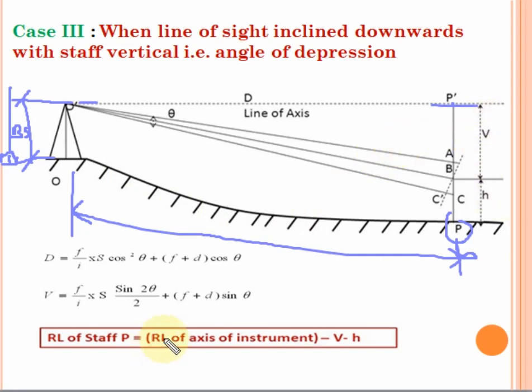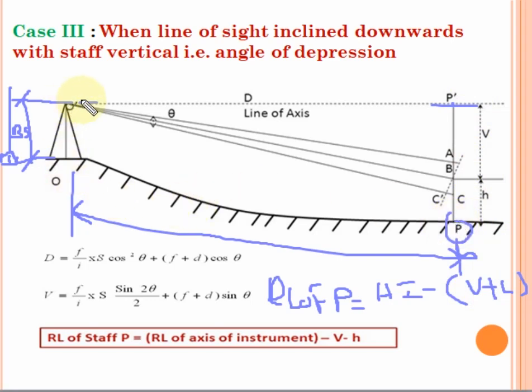Nothing but, if I write here, the RL of the point P is equal to the height of the instrument minus V minus H. If I take the minus sign common, that is V plus H. So this V plus H you have to reach this point.